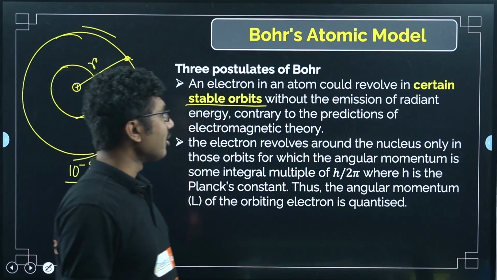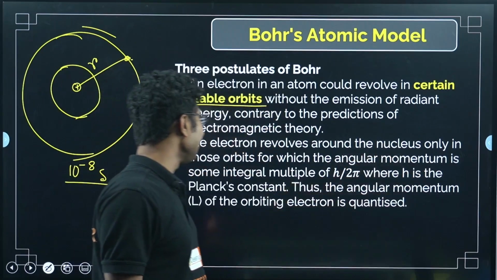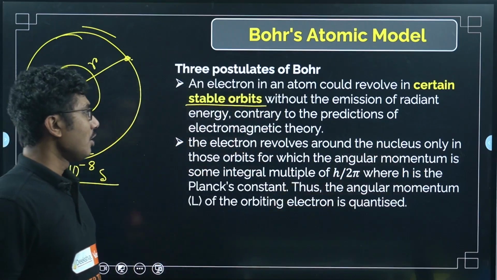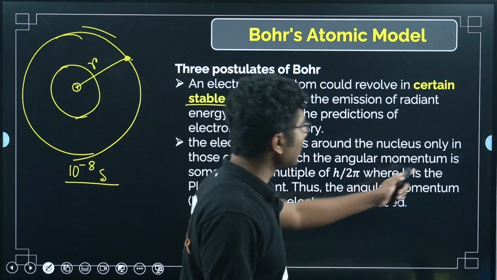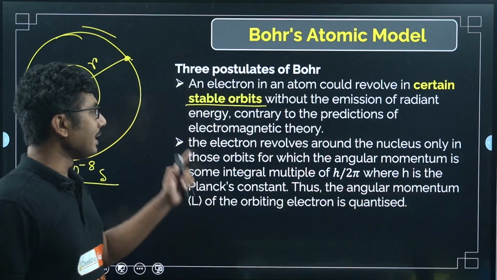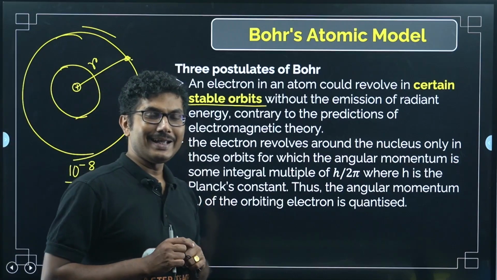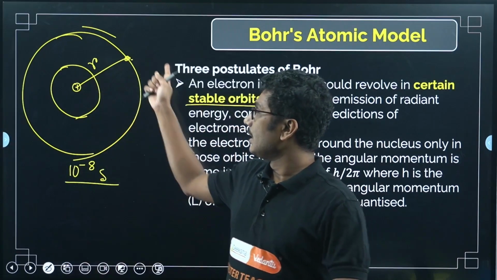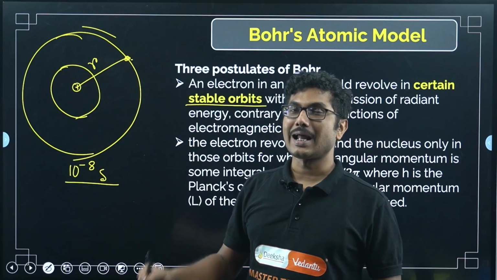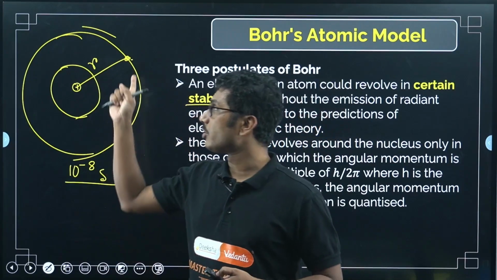The electron revolves around the nucleus only in those orbits for which the angular momentum is some integral multiple. So he said that not only can the orbit not be arbitrary, there has to be some limitation on the orbit also.